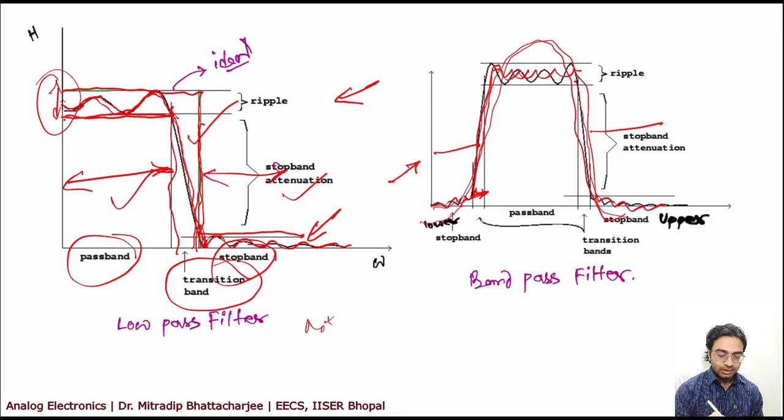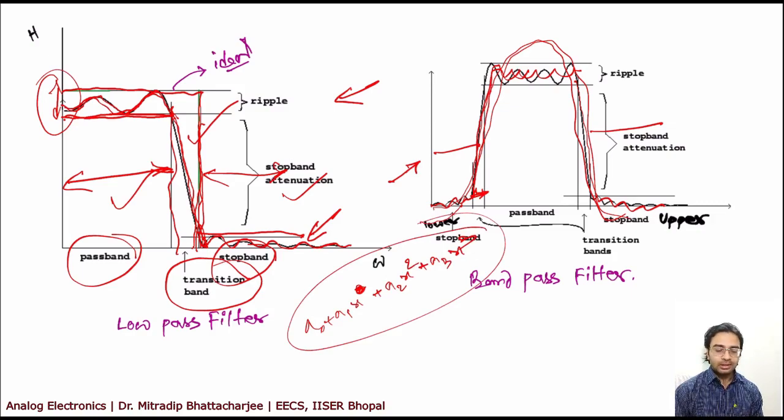Like a0 plus a1x plus a2x square plus a3x cube. If you use a polynomial, you can very easily follow a characteristic. That's why in certain cases people want the transfer functions in terms of different polynomials.